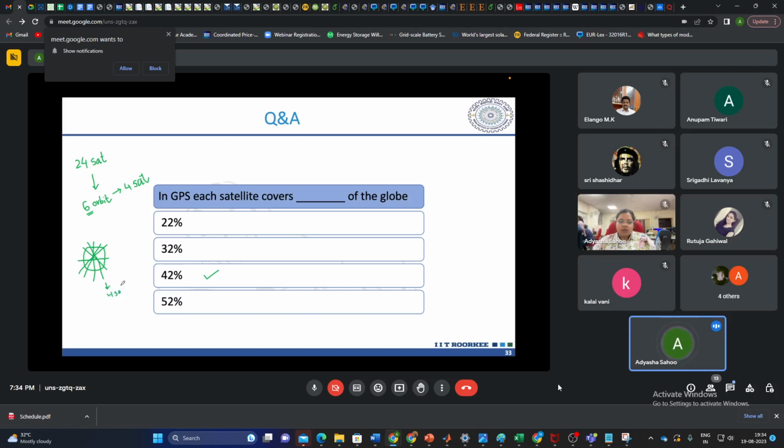If we divide 360 degrees, according to my knowledge, each orbit should be covering 60 degrees. Yes, 60 degrees, and for each 60 degrees we are having 4 dedicated satellites.